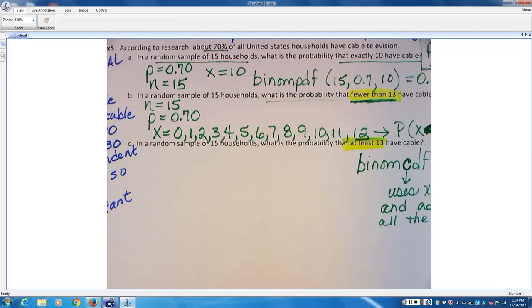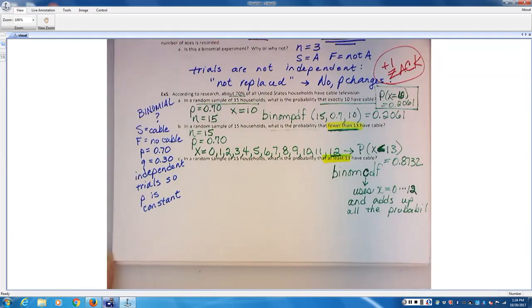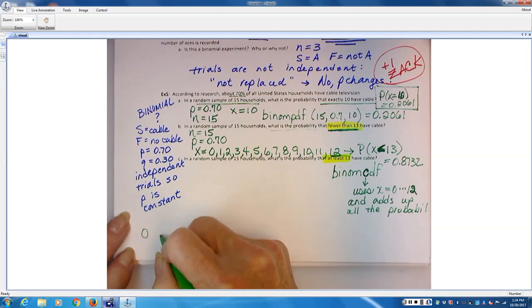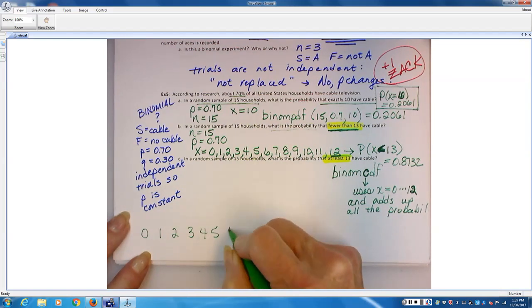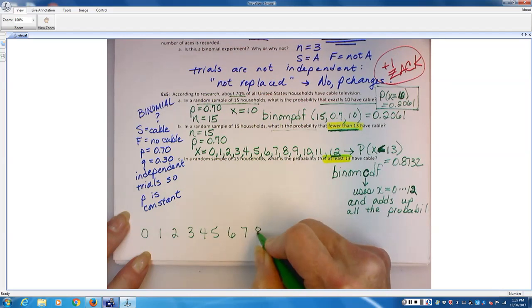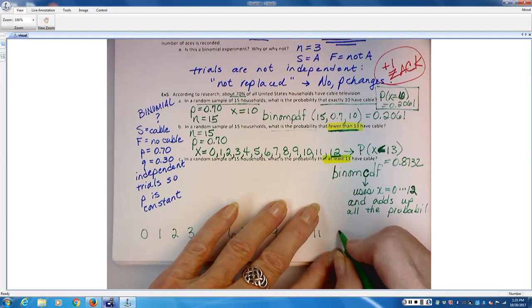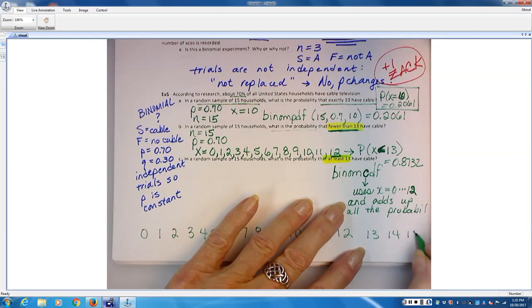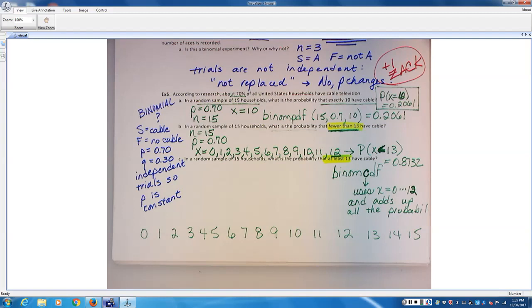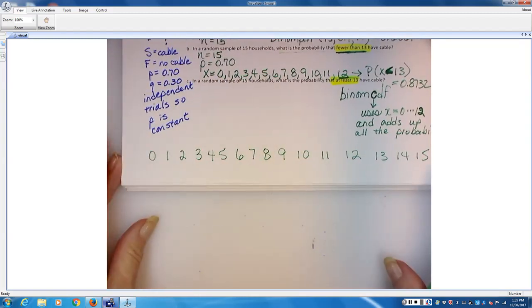So here's what I want you to pay attention to. That is all the possible values for x.